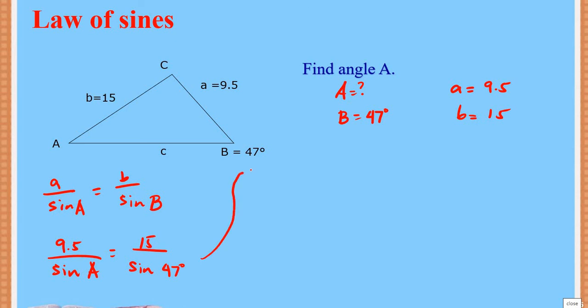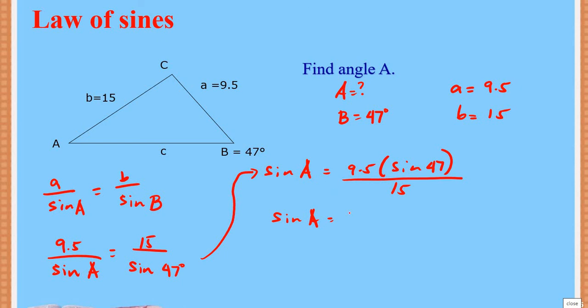If you manipulate the formula, sine A is equal to 9.5 times sine 47 over 15. Get your calculators: 9.5 times sine 47 divided by 15.